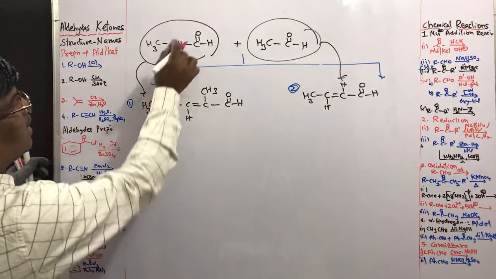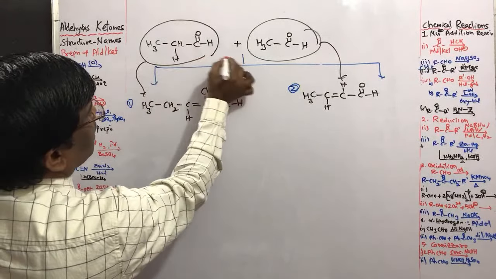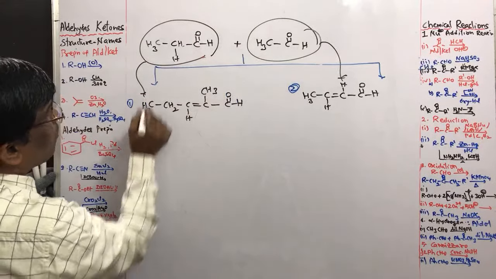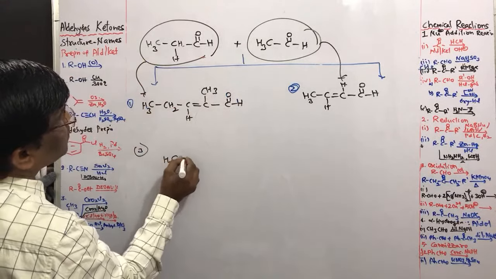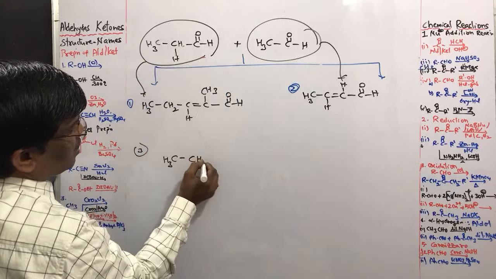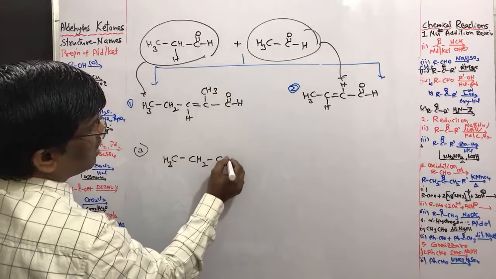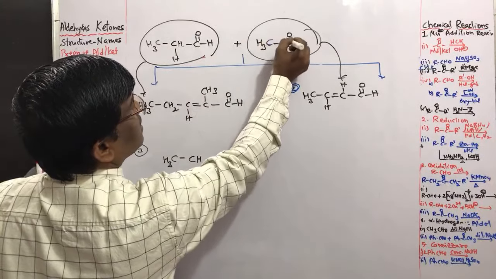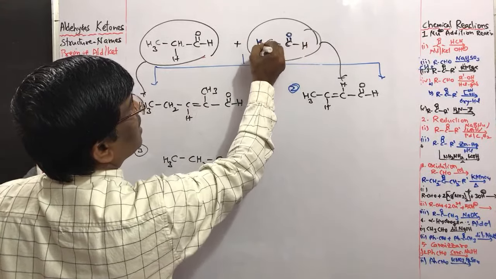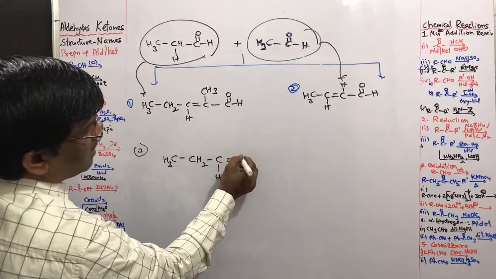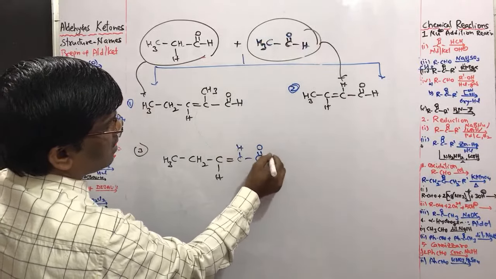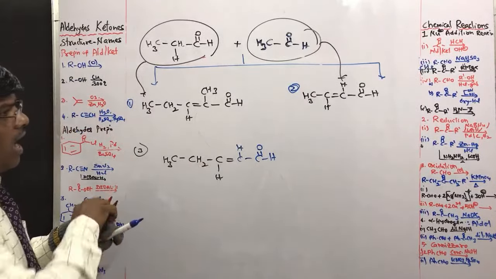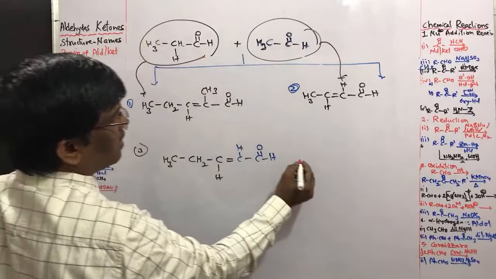Next, if this aldehyde reacts with this one, let me write how. The third compound: CH3, this CH2 is going to be here, and this hydrogen, double bond and this carbon. If I write, this is CH3 CO, CH3, and this is the aldehyde. This is one compound, the third compound, and it can also attack from this side.